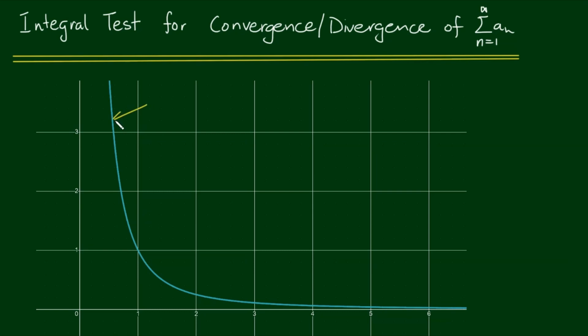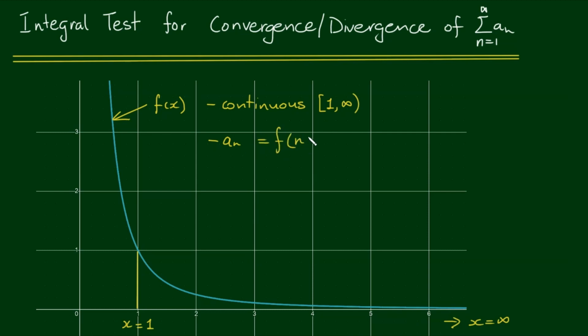So if we have a continuous function, and it's continuous from x equals 1 to x equals infinity, the terms of a series a sub n is equal to f at x equals n, and the function is positive and decreasing on the interval.